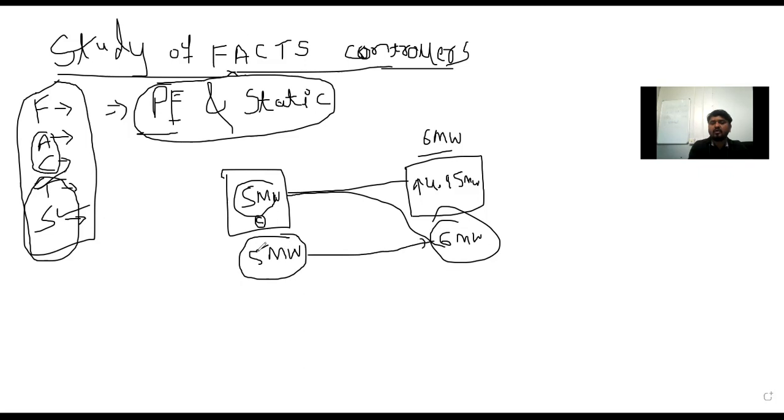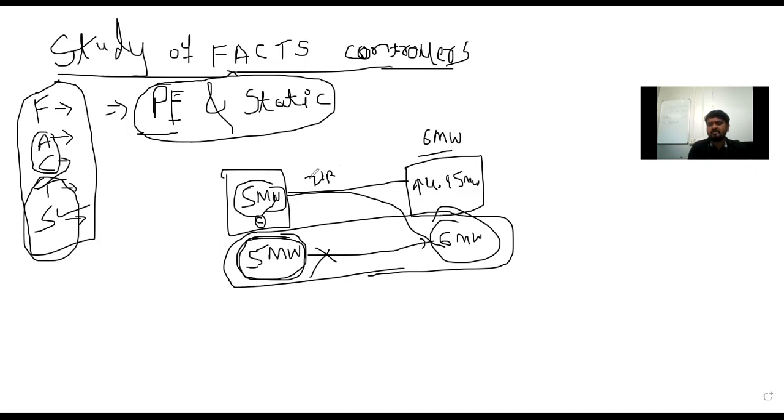But I have to run another generator of which 4 megawatt nobody is using. Still I have to run this generating station. So instead of switching on another generating station, within the existing system only, there are losses, I square R losses and all the things, because of under voltage, over voltage, heavy loads.